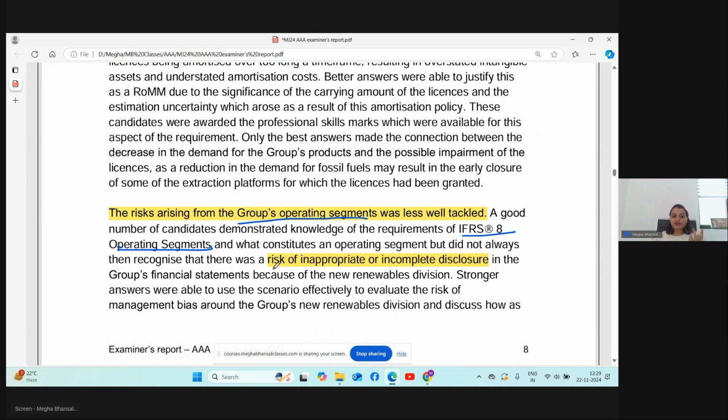They say here it was simple that the risk was inappropriate or incomplete disclosure because operating segment is only a disclosure based IFRS. So even if you have a basic understanding of what operating segment is, you will know it's a disclosure based IFRS. So simply I'll write the risk is incomplete or inaccurate disclosure. Even if you would have written that, you would have got your marks.